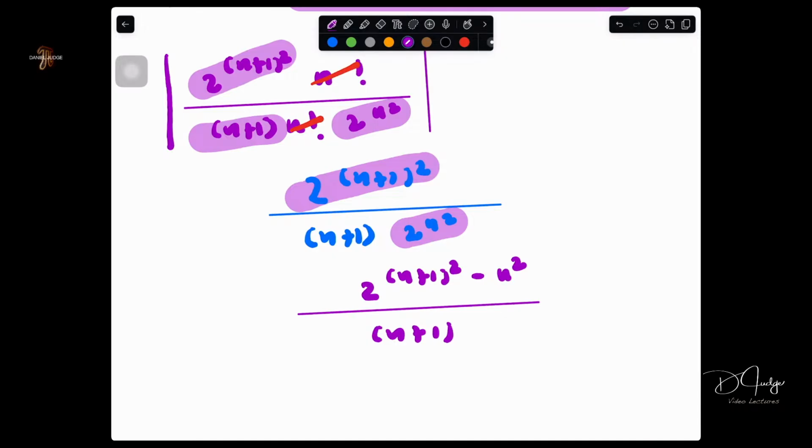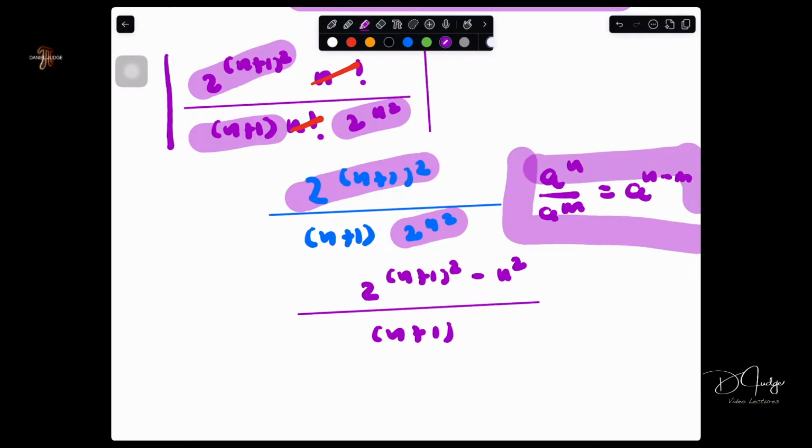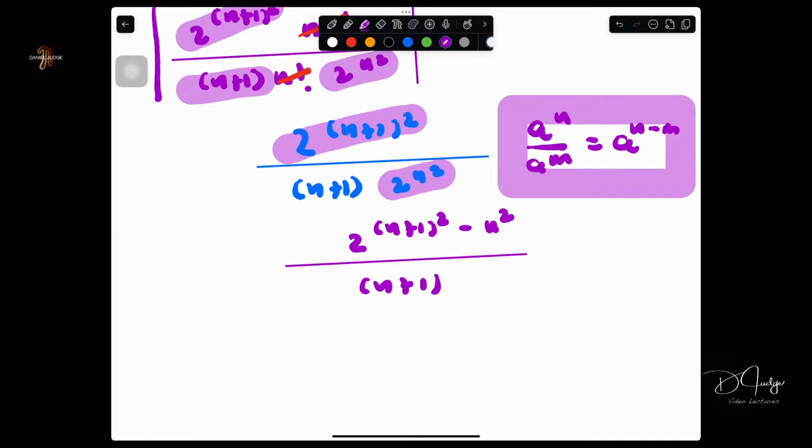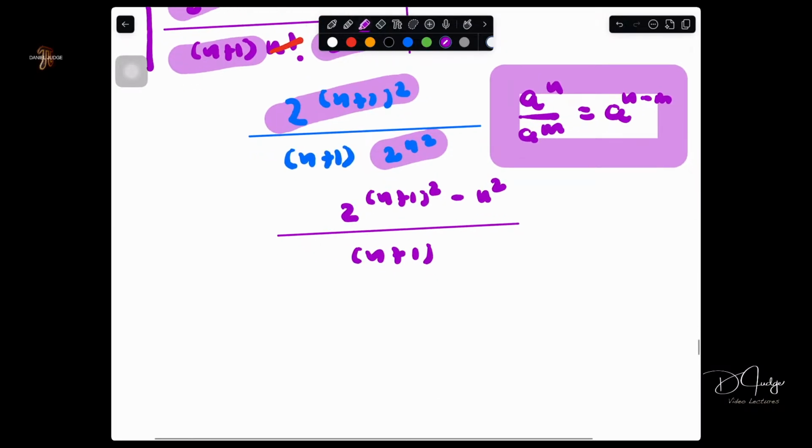You're using essentially the following: a to the n over the same base to the m power, that's a to the n minus m. Beginning algebra, properties of exponents here. So now here, we'll use some FOIL for this (n plus 1) squared term, and then we're going to subtract here.